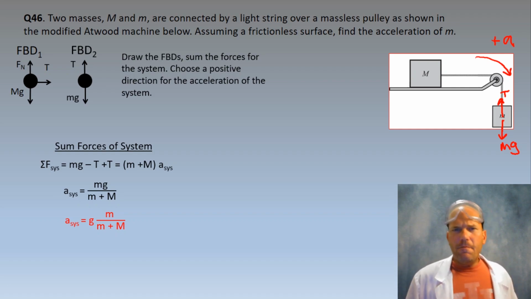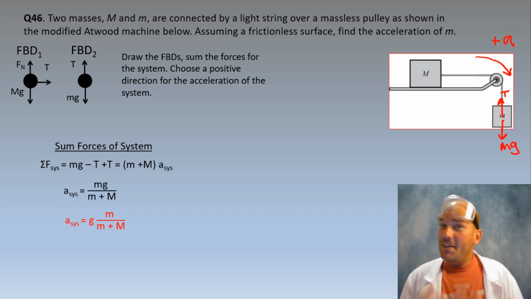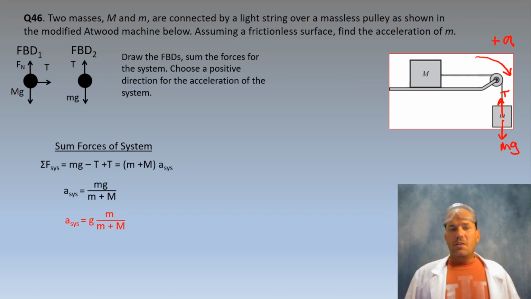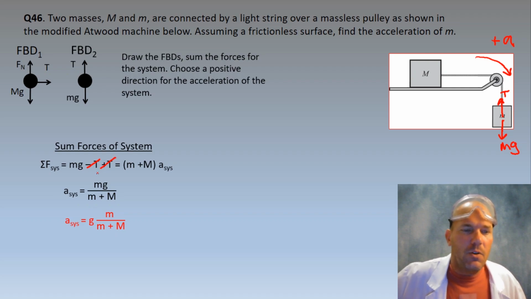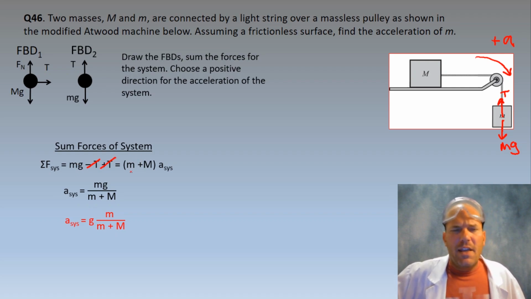Now, we do not have friction. However, we do have an object, and that object does have mass. So looking at our total summation, we're going to see that the forces of tension go away, and we end up with something quite simple.